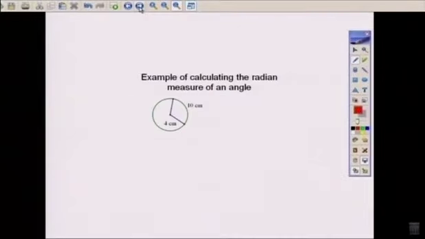So let's look at an example of calculating the radian measure of an angle. So in this circle with radius of 4, we have an intercepted arc of 10 centimeters. Take a moment and calculate that angle in radian measure.